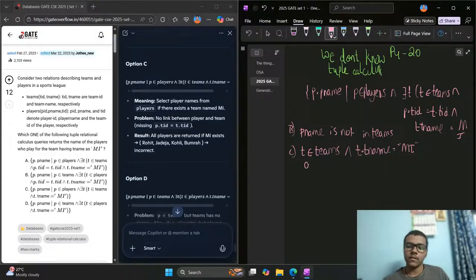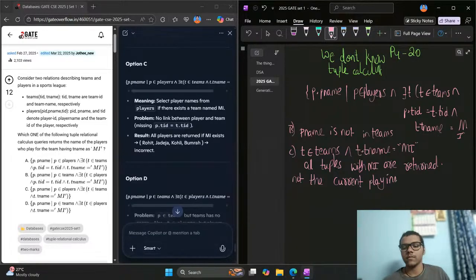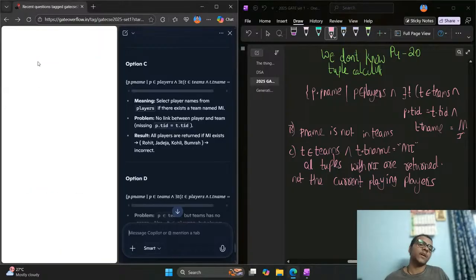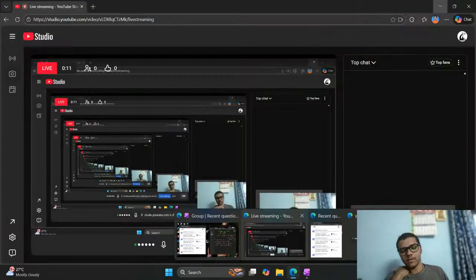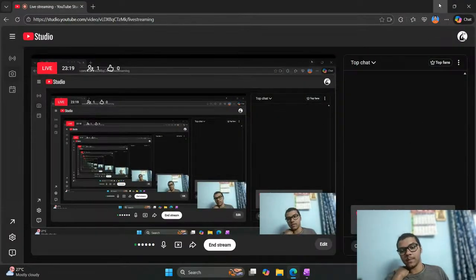All tuples with MI are returned, not the current playing players. So you need to have a deeper understanding of schema. This is like giving a connection between the player table and the teams table.